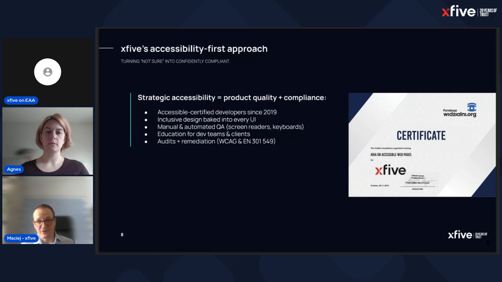A part of it is also education, not only of our developers and our dev team, but also of our partners, and we discuss the importance of accessibility. We also audit digital products regularly to ensure that any changes made, either by ourselves or by our partners, are in accordance with those regulations.